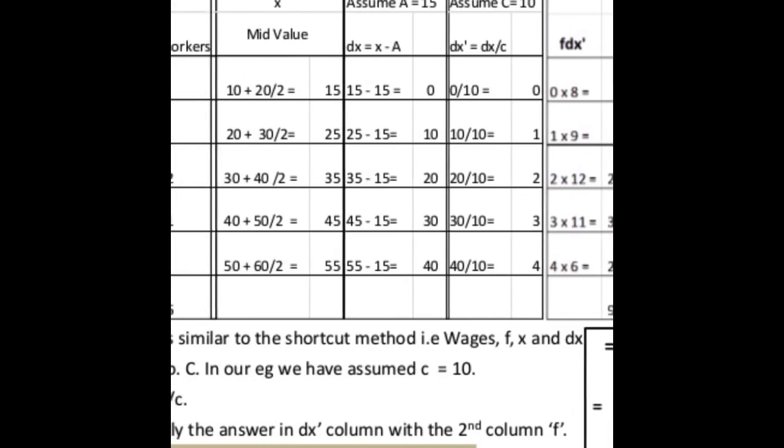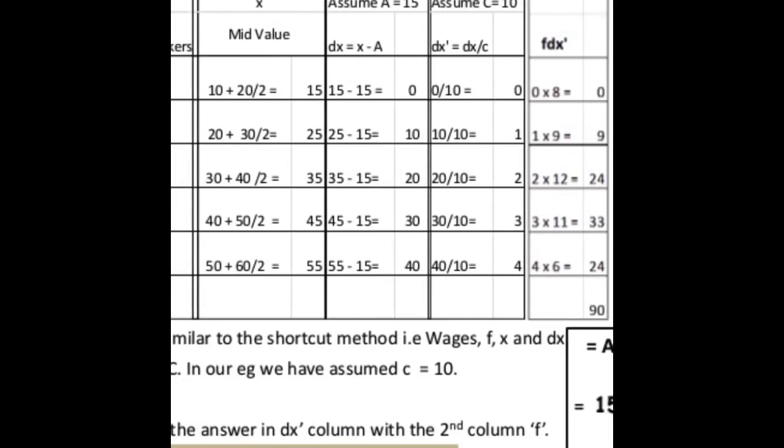As you can see that dx is 0, 10, 20, 30 and 40. So there is a gap of 10 in all of them, or we can say the common factor in all of them is 10. So when we divide dx by a common factor, which in this example is 10, we get dx dash.